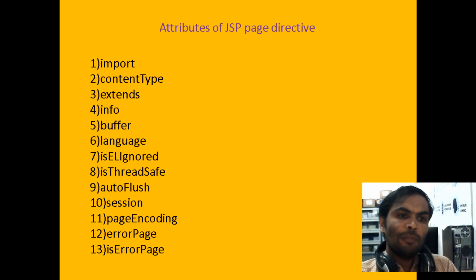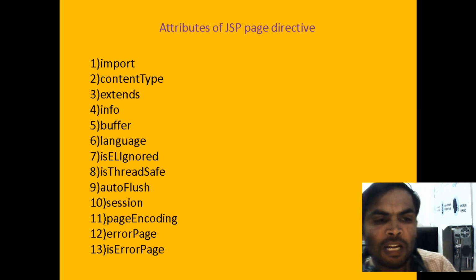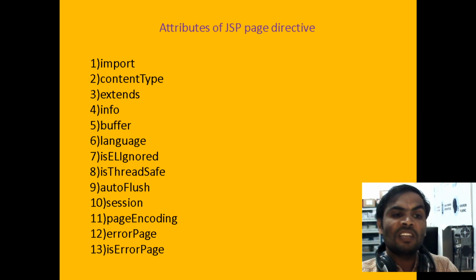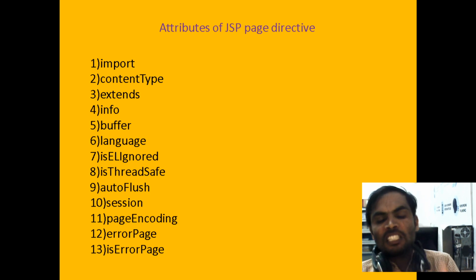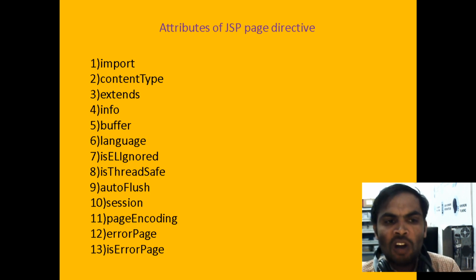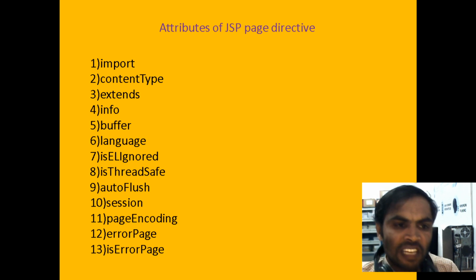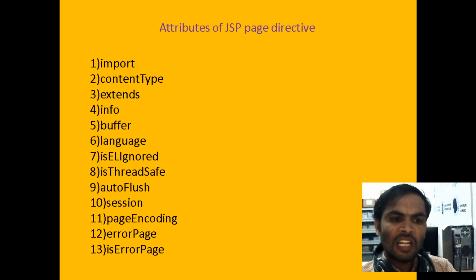We have the import attribute, contentType. Import attribute means if you want to import Java source code. ContentType is MIME, multipurpose internet mail extension. The content type may be text format or audio or video or image type. Extends, info, buffer, language.